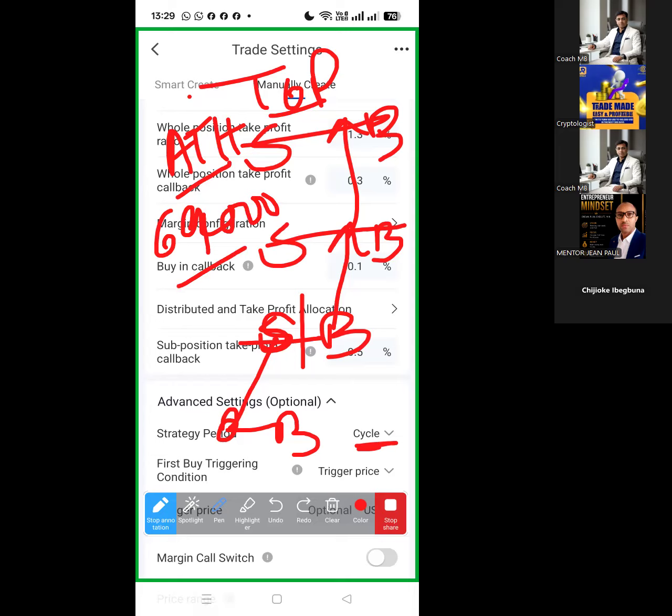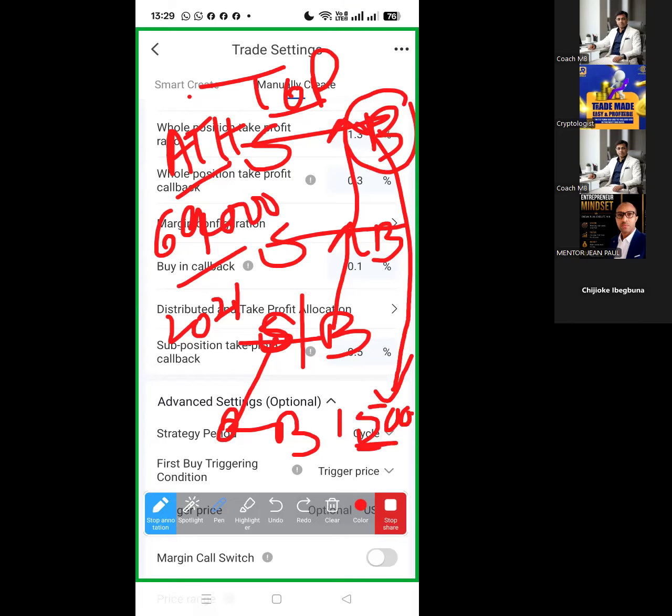Many people were trading in cycle mode, and once it reached the all-time high, because it was on cycle mode, it again bought for you at the highest price. After that, suddenly the market started dropping and crashed in 2022 to around $15,000.